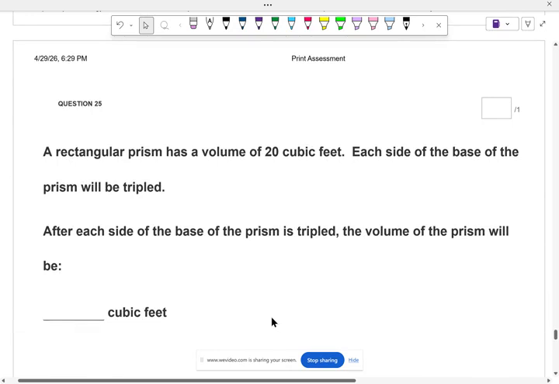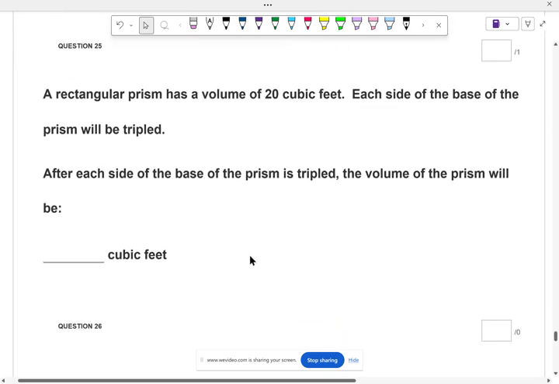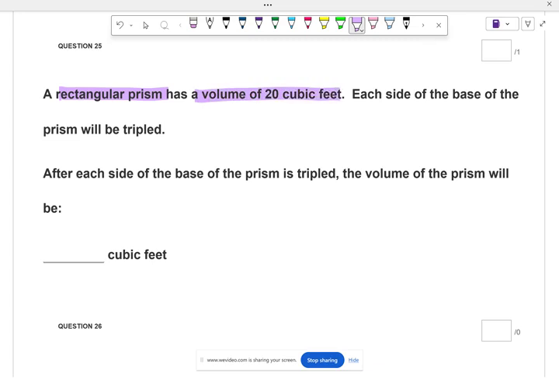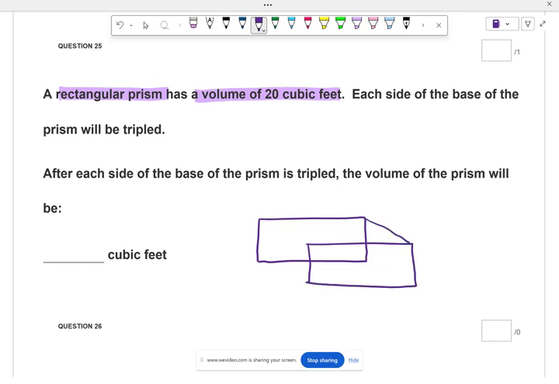It says a rectangular prism has a volume of 20 cubic feet. All right, so I need to do my best to draw us a rectangular prism. Y'all, here's how I learned how to draw these way back when. You make two rectangles that look congruent, and then you connect diagonally to the edges.